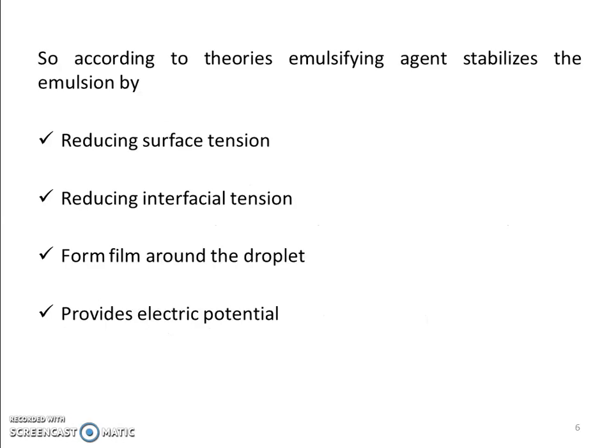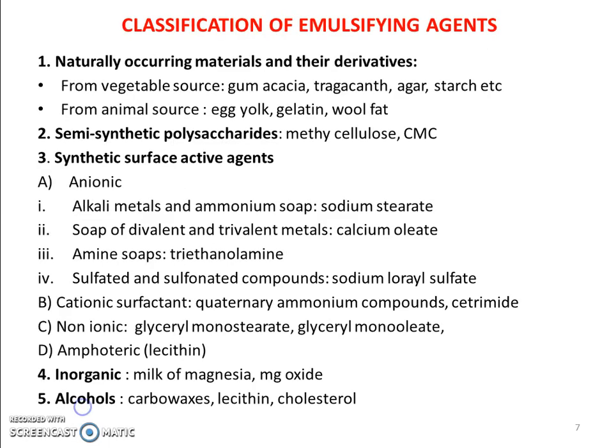So, according to various theories, emulsifying agents stabilize the emulsion by reducing the surface tension, reducing the interfacial tension, forming a film around the droplets, or providing an electric potential.